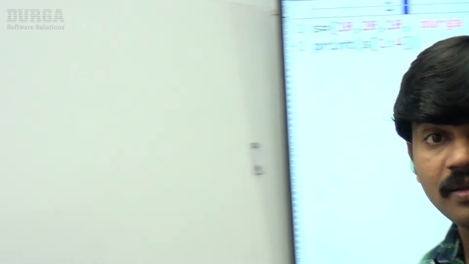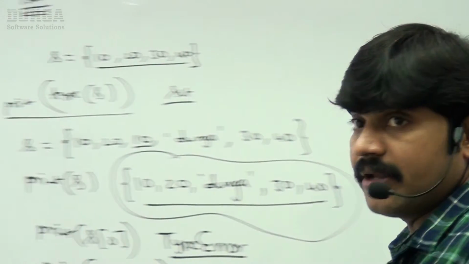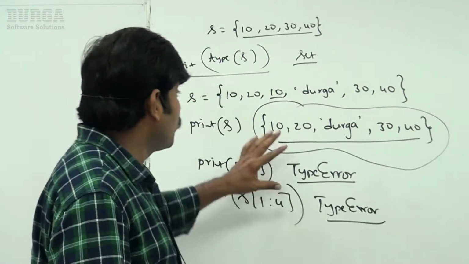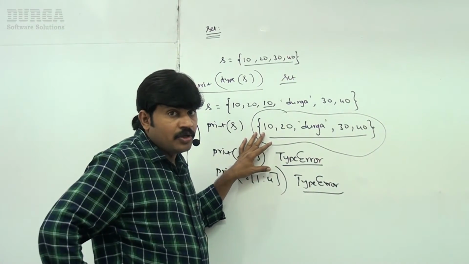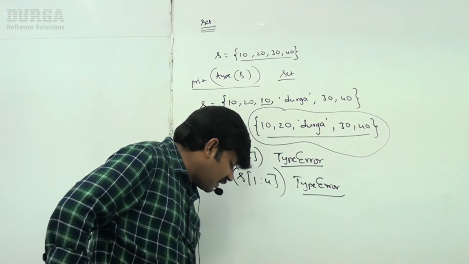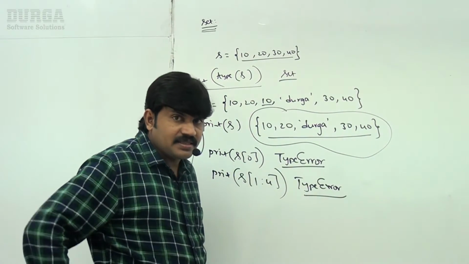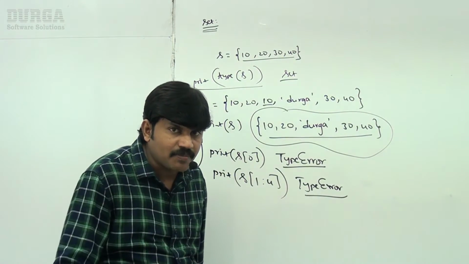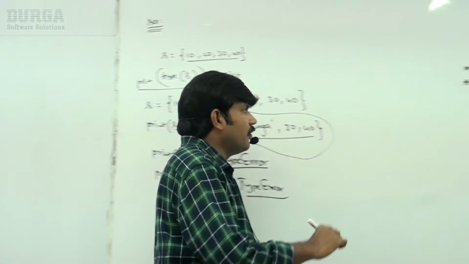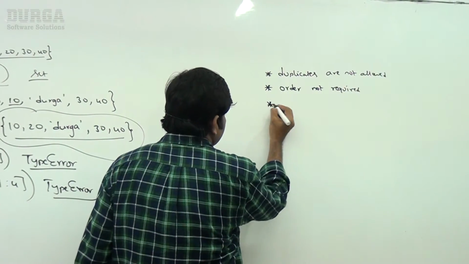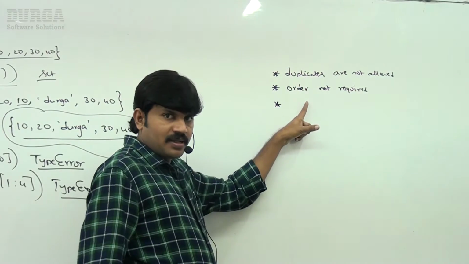All the things are very clear for you people, right? You should have clarity about this terminology. Any doubt? Can you please tell for the set, indexing and slicing applicable or not applicable? Not applicable. Now here the third point: duplicates are not allowed, order is not required.